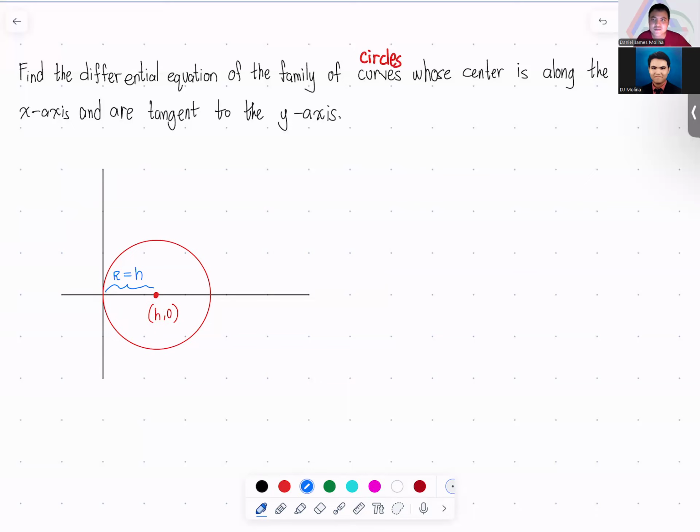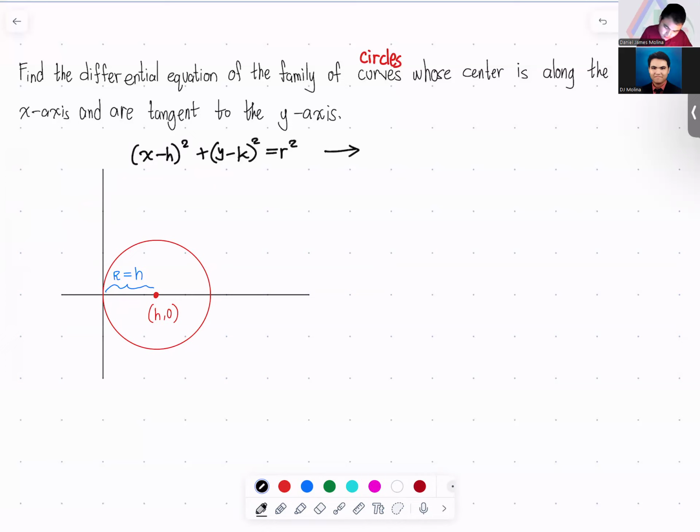So the equation of the circle here that we will be dealing with has only one arbitrary constant, which is the letter h, or the constant h, right? Recall from analytic geometry that the equation of a circle with the center and the radius given is (x - h)^2 + (y - k)^2 = r^2, right?